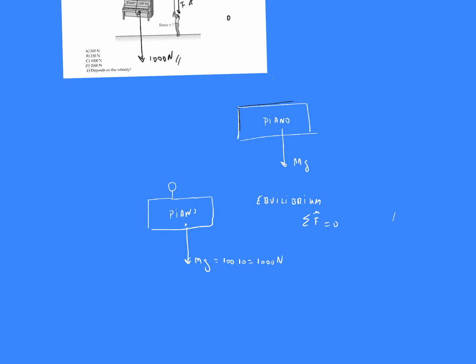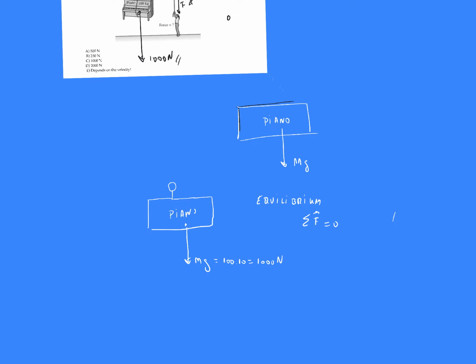The mass is 100 kilograms, so the weight is 100 times 10, which is 1,000 newtons going downwards. So you imagine that the piano is the system with the pulley. The mass of the pulley and the piano is 100 kilograms.